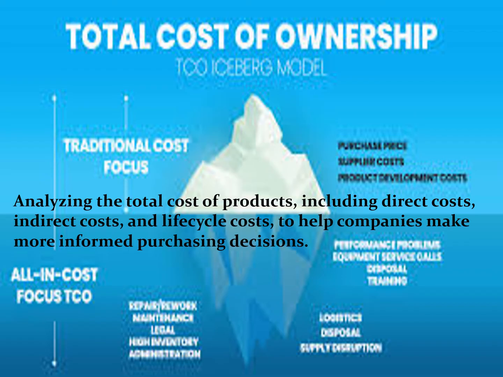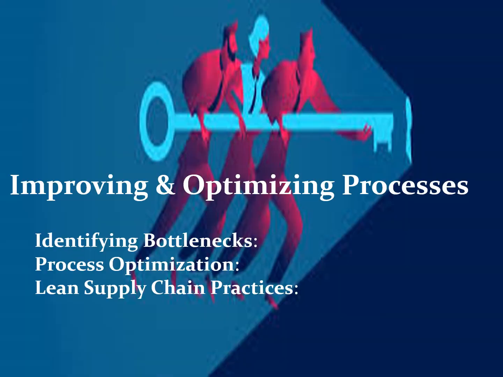Supply chain analysts also help in improving and optimizing the supply chain processes by identifying bottlenecks and creating a process optimization, and then recommending or implementing lean supply chain practices.